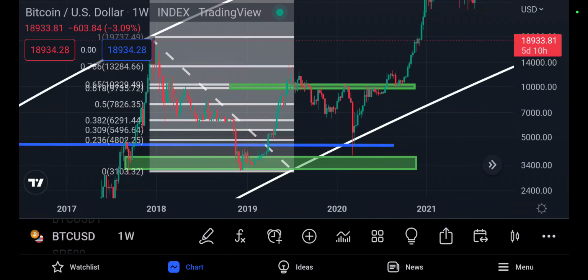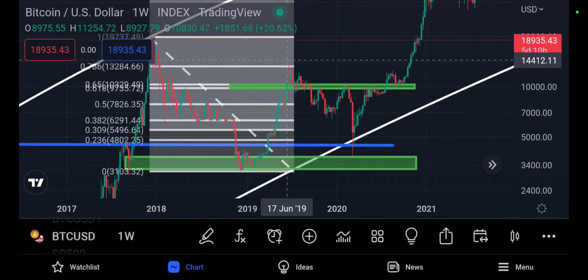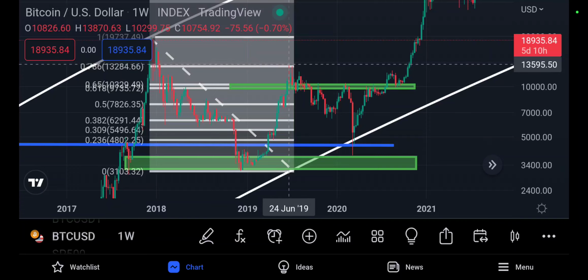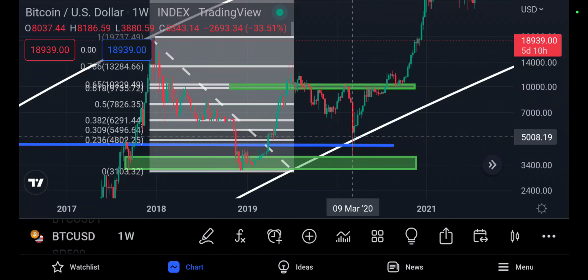And as you see, we went from 3,200 all the way up to the 0.786 Fibonacci, which was $13,284. Before we saw a decrease all the way to the white trend line.